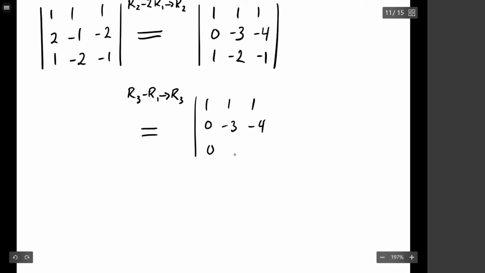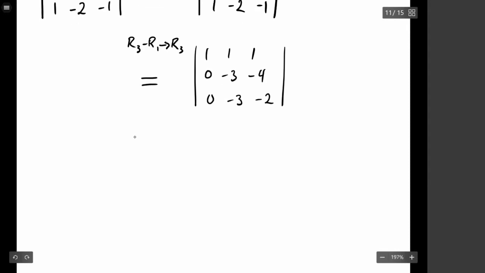So this will be 0, minus 3, minus 2. And now we can get rid of this minus 3, so this will be row 3 minus row 2 goes to row 3. And again, this combination doesn't change the determinant.